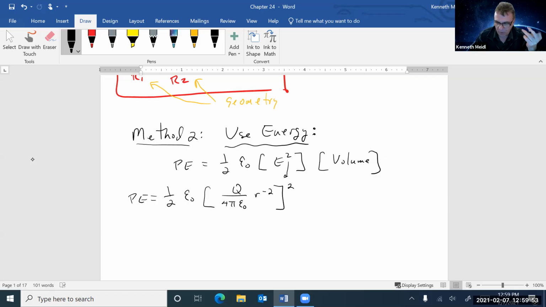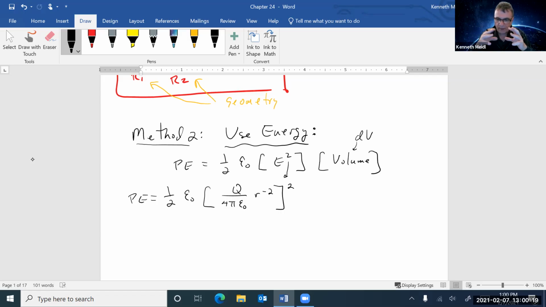And so you might start getting a feeling of what I'm going to do here. What I'm really going to do is integrate through the volume and get all of the energy sitting in this electric field in that volume. So for me to integrate over this volume, I'm going to think of that as a dV, and then add it all up.